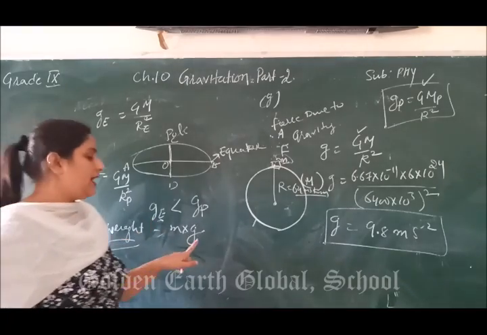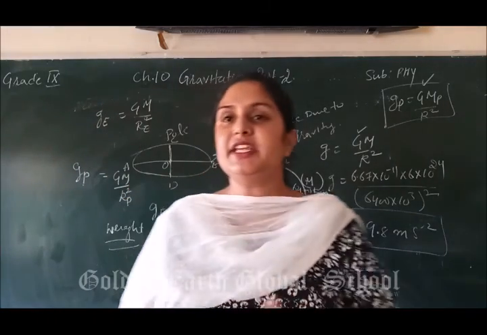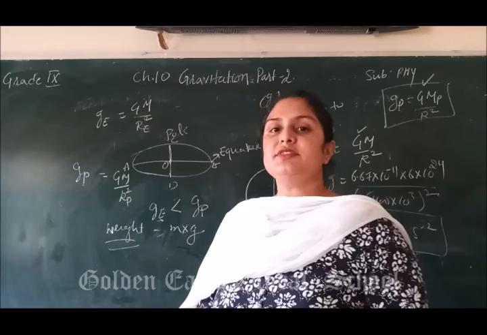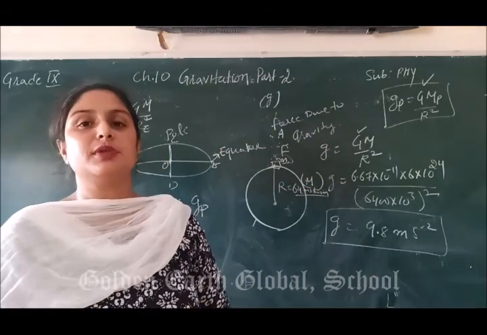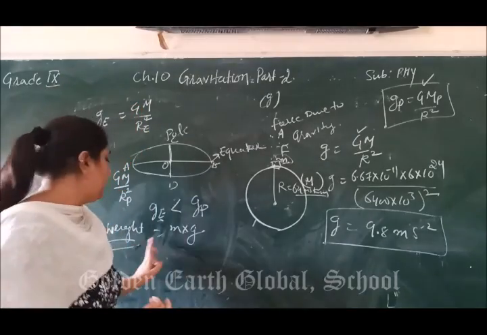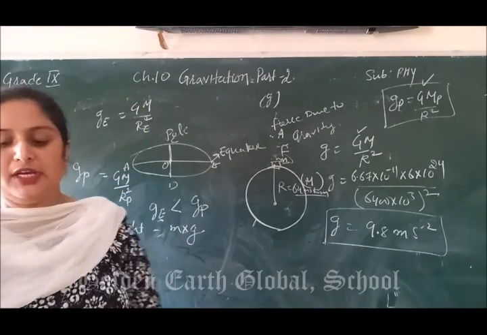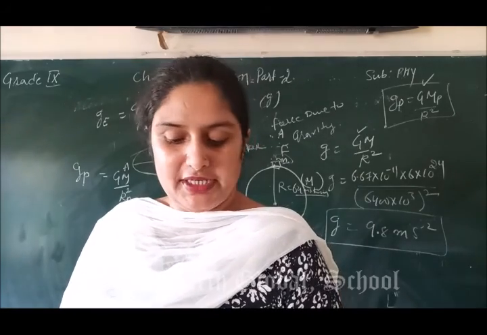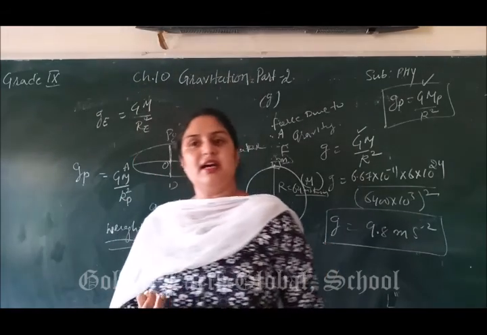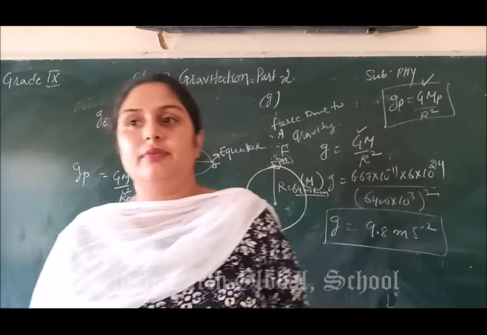Now, as the acceleration due to gravity varies with the shape of the earth, varies with the height from the surface of the earth, and varies with the depth from the surface of the earth, the weight of the object is not constant, it is variable. Mass is constant and weight is variable.